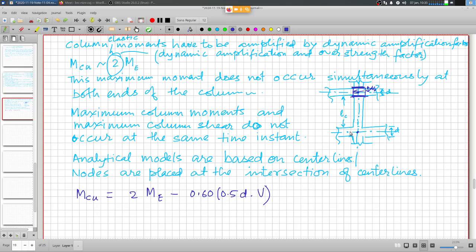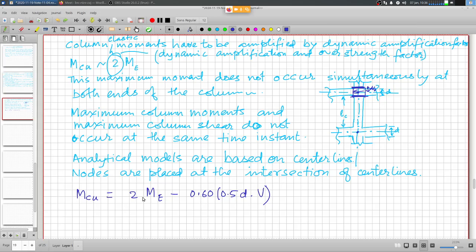And we assume that when we have this maximum moment, the maximum shear force, conservatively, would be acting at about 60%, and that needs to be taken off.